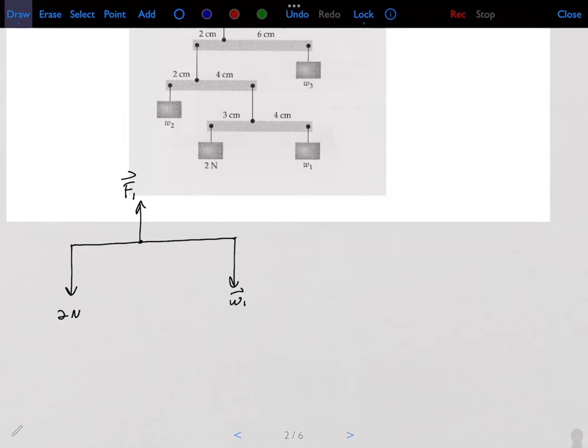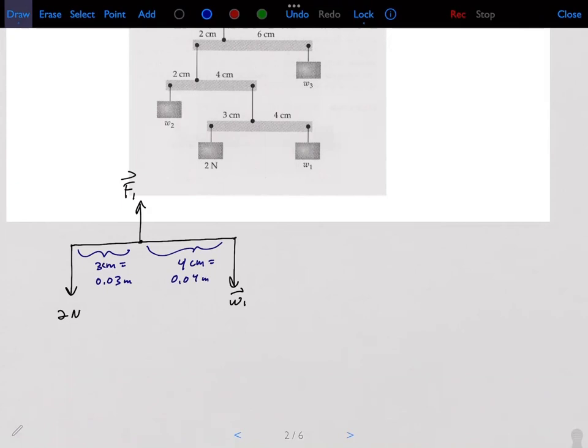I know that this distance right here is 3 centimeters, and this distance is 4 centimeters. By the way, if you convert that to meters, this will be 0.03 meters, and this will be 0.04 meters.